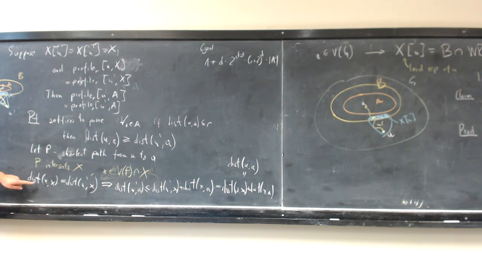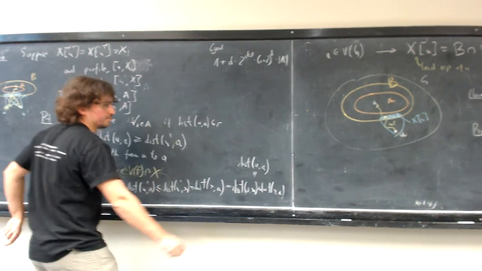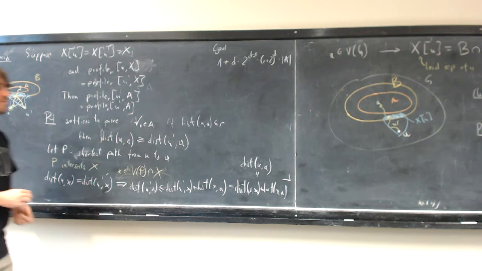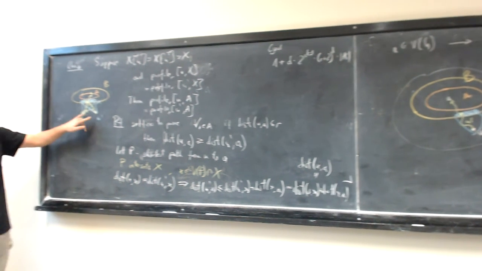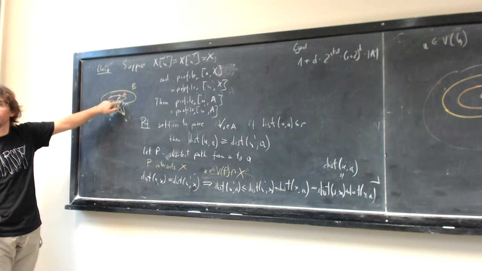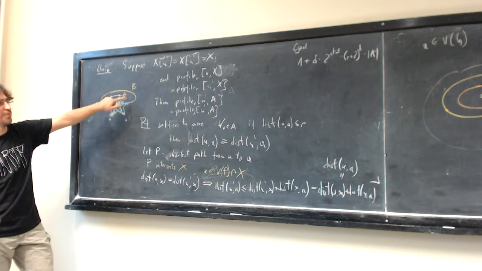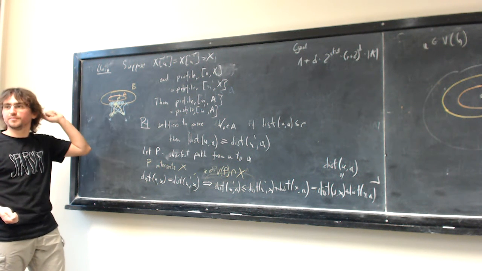And I proved my inequality. Good. So what we know? We know that if I have two vertices with exactly the same local separator and exactly the same profile on this local separator, then they yield the same profile on A.